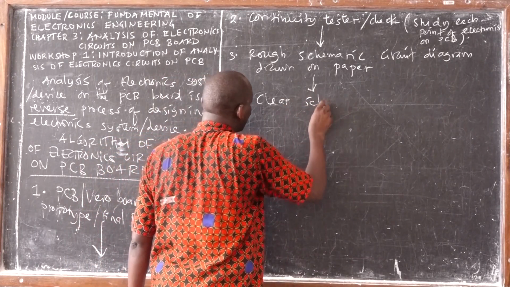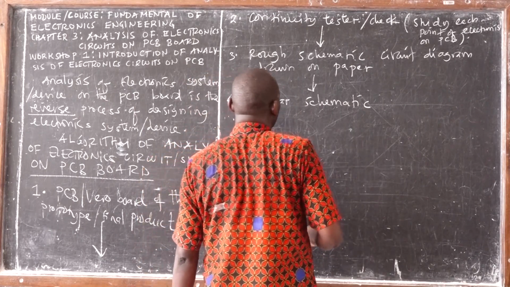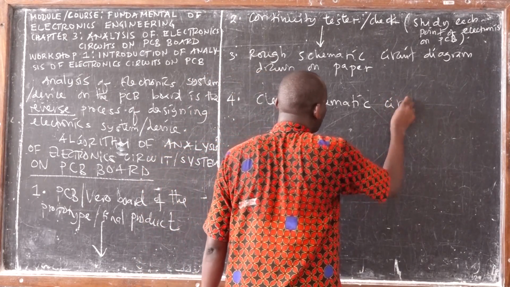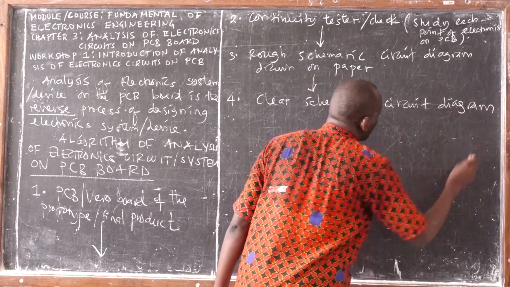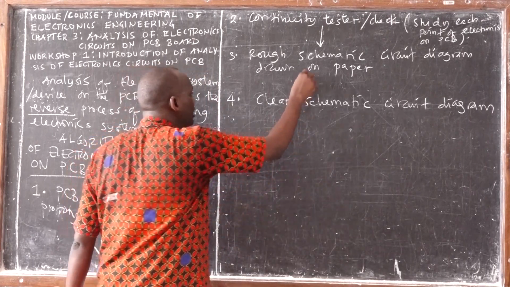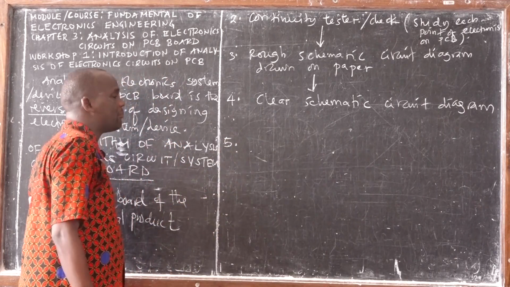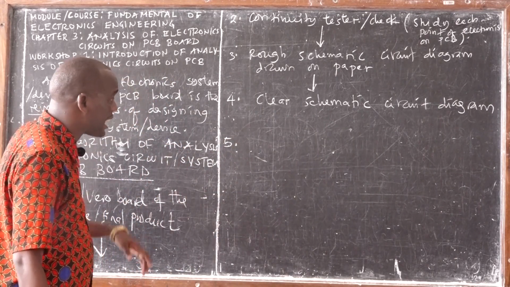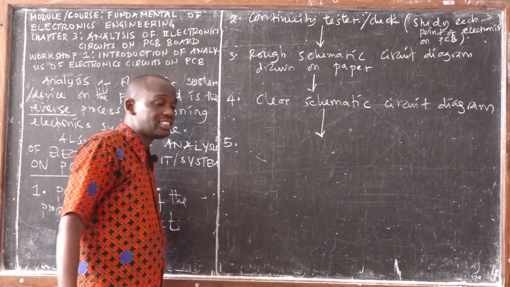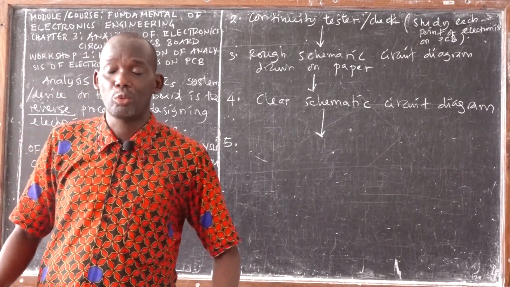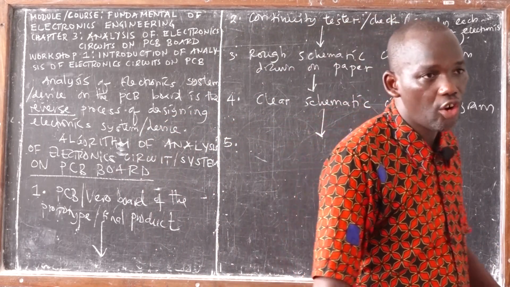So then once you have that rough schematic circuit diagram, you have to come up with a clear schematic circuit diagram. So it's all about diagrams. Then the next step, which is number 5: once you have a clear schematic circuit diagram, the actual thing we have to do is measure or identify values of some electronic components.